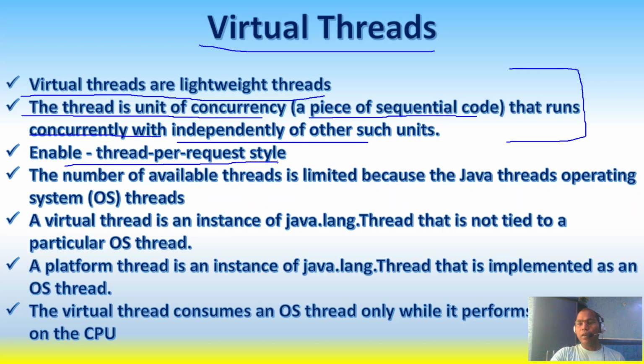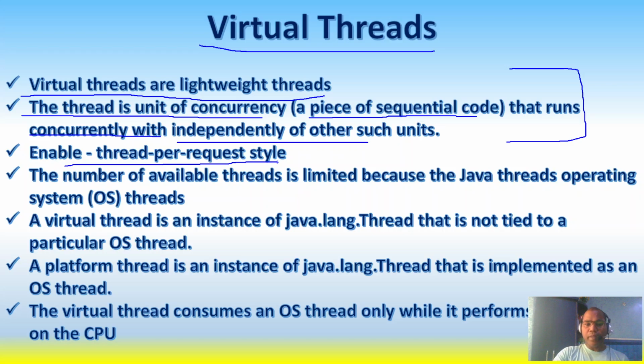Previously you had a limited number of threads, we could not create thousands or millions of threads, but requests can come. So due to that limitation, the JDK says we are going to support the virtual thread concept.